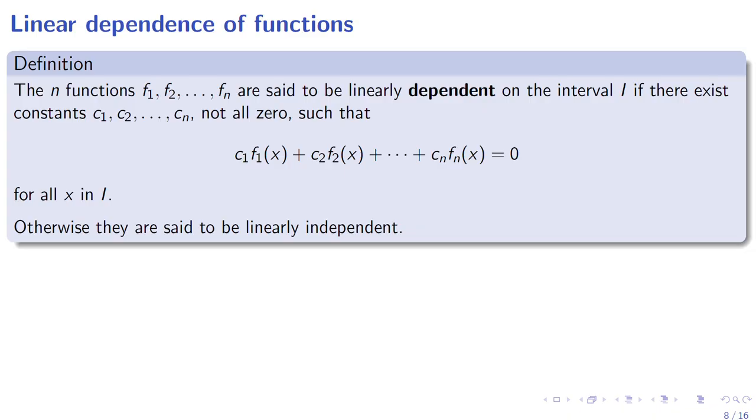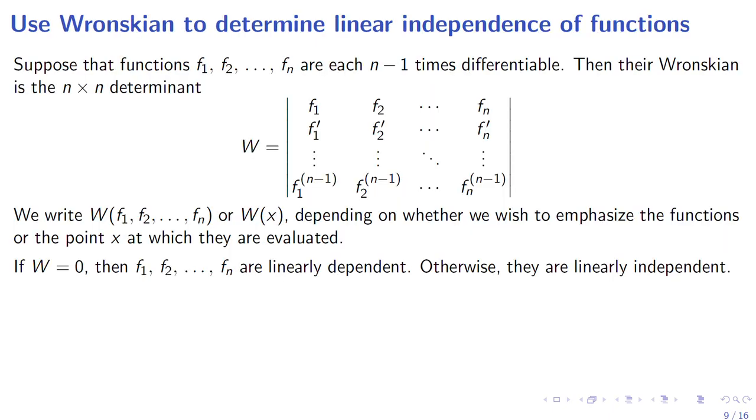Now, let's find out how to identify whether given functions are linearly dependent or not using the Wronskian. Again, suppose we have f1, f2, all the way up to fn, each n minus 1 times differentiable. They need to be n minus 1 times differentiable because to find the Wronskian, we need the derivatives up to n minus 1.